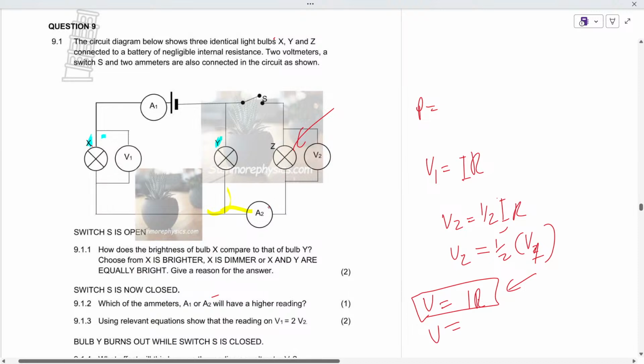So now we want the voltage across all these parallel combinations. We are looking for V parallel. It means it will be the total current, because total current is gonna enter this. We are treating this as one big resistor. You get me?